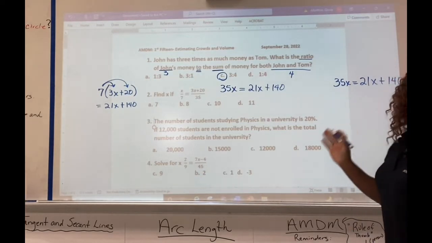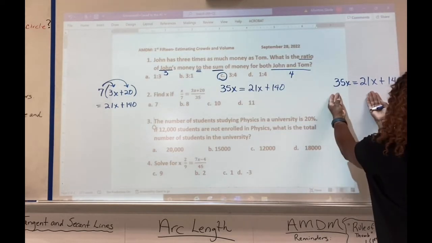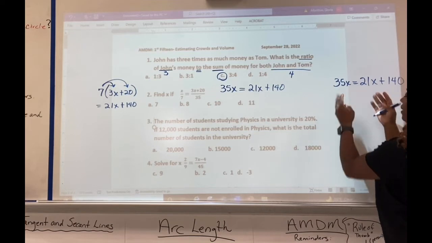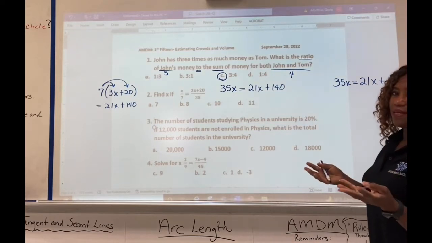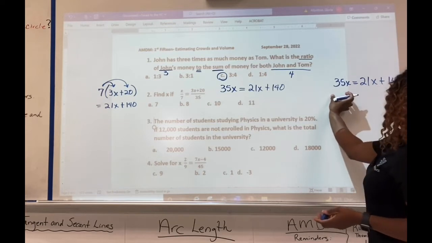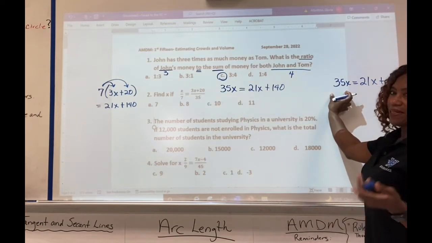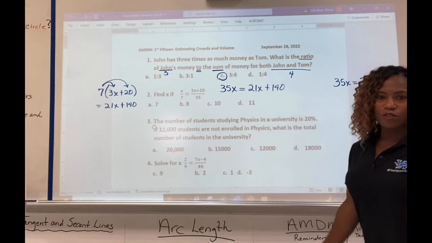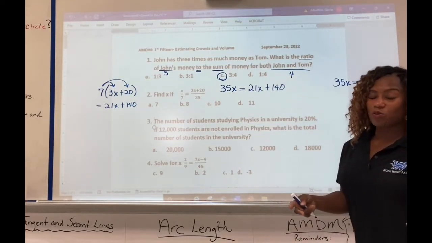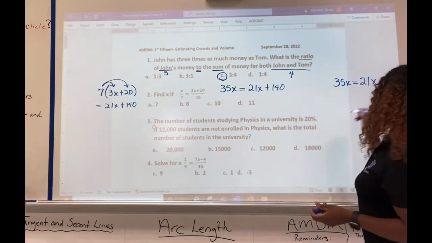All right, so the first thing you know you've got to do is get your x terms together. They're on opposite sides of the equal sign right now, and we can't have them separated because they're like terms. So what I'm going to do is move the 21x from the right side to the left side. How do I do that mathematically? I use inverse operations. And since this is 21x, I need the opposite of 21x, which is a negative 21x.